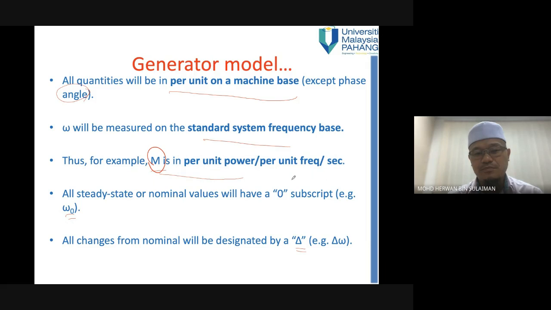Okay, and all steady state nominal values are given a zero subscript. So the nominal or steady state values are represented by naught, zero. And then all changes from nominal will be designated by delta. So let's say we have delta omega, delta P, and so on and so forth. So for power, delta P.